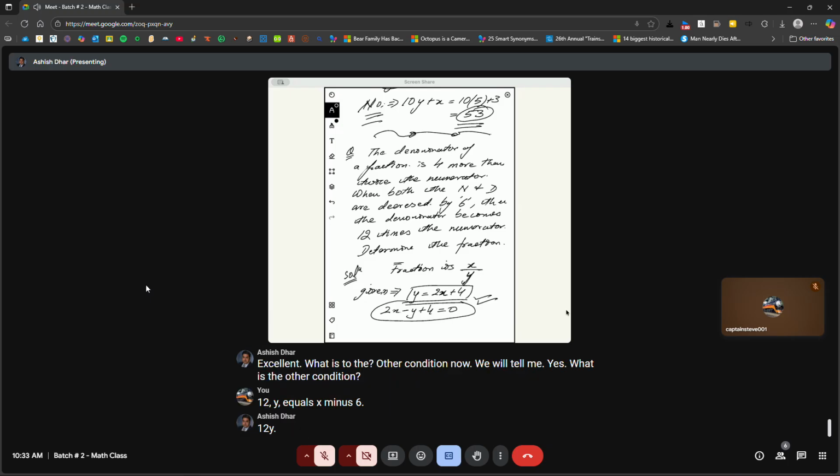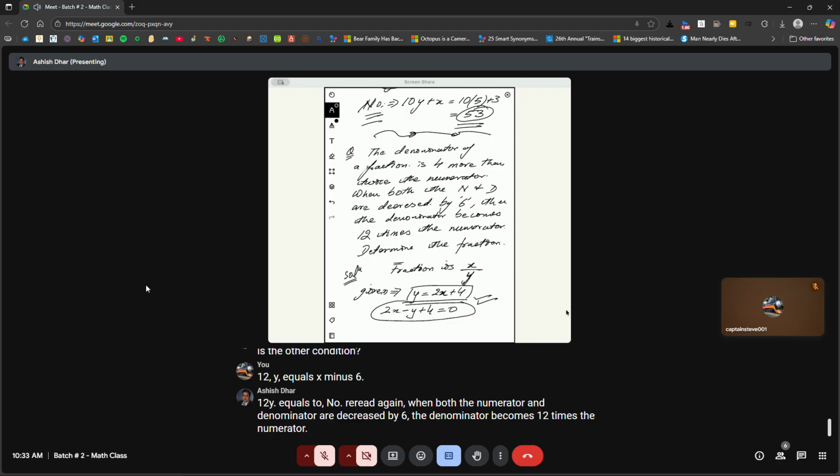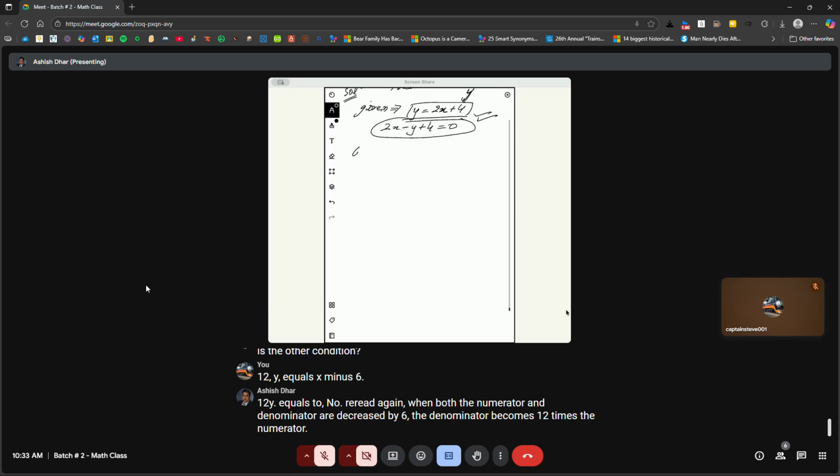12y equals to, no. So, read again. When both the numerator and denominator are decreased by 6, the denominator becomes 12 times the numerator. Think again. This one is clear. What is the second one?